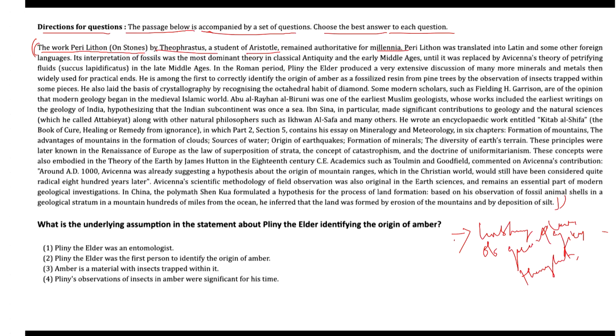it is stated that it dominated classical antiquity and the early Middle Ages, particularly in interpreting what are called puzzles, right?